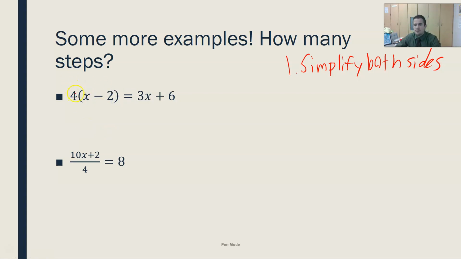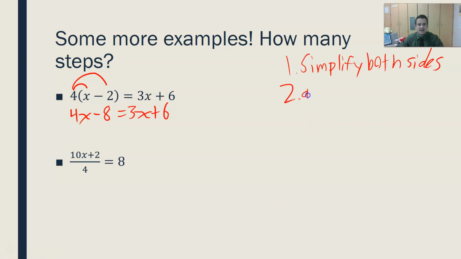Okay, well, when I have 4 on the outside here and then in parentheses x minus 2, I have to take 4 times x and 4 times minus 2, or negative 2, which gives me 4x minus 4 times negative 2 is 8 equals 3x plus 6. So I've simplified both sides.